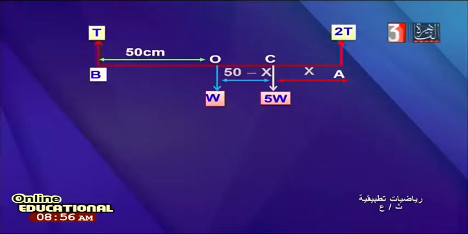Look at, my dear student, in the opposite figure, we have tension T at point B, double T at A, 2T. We have two weights, W and 5W, acting at O and at C.